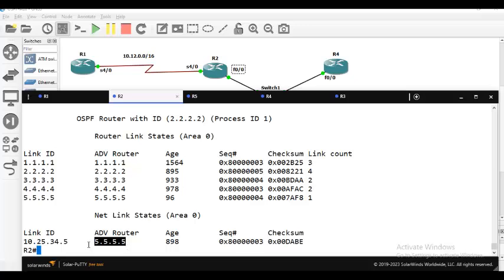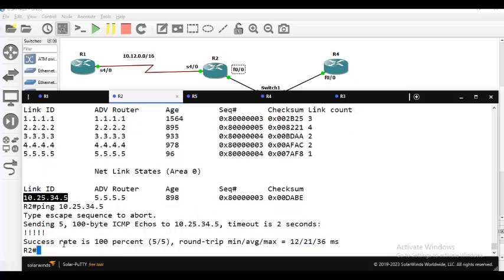Now, what about this one? I will not be able to ping this because it's not advertised. This is just a link ID. Router 5 is saying I have one more link like this, but it is not advertised, so you will not find it in the routing table. Show IP route 5.5.5.5.